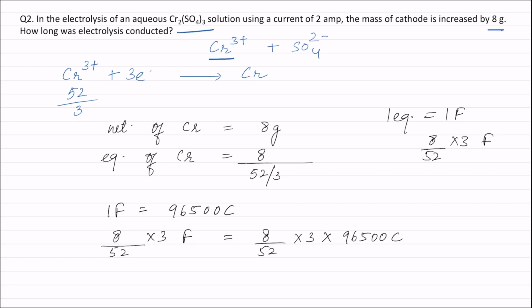Now applying the formula Q is equal to IT, we know the value of Q. The value of I is given in the question as 2 amperes.